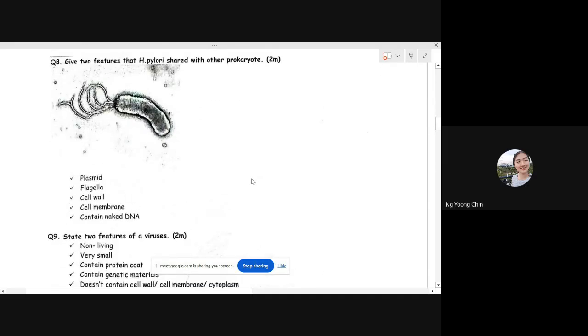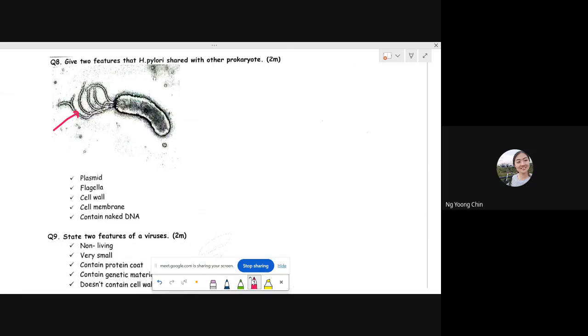Okay, and then you should know how the prokaryotic cell structure is, because sometimes the question will ask you to label. So for example, if I want to label this prokaryotic cell, the parts of the body are here. Sorry, here is a flagella. Flagella is the tail of the prokaryote.